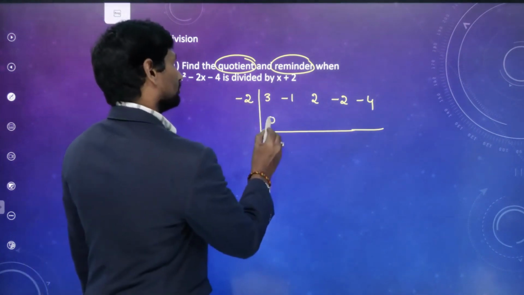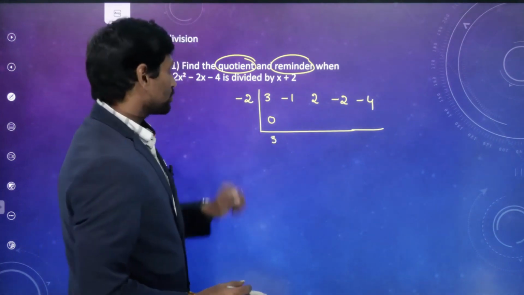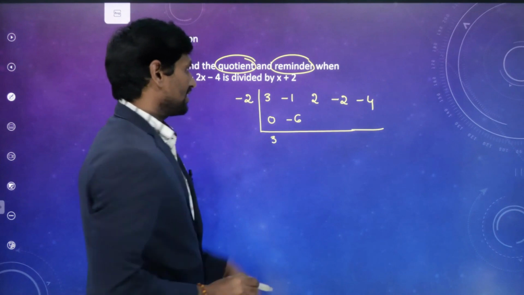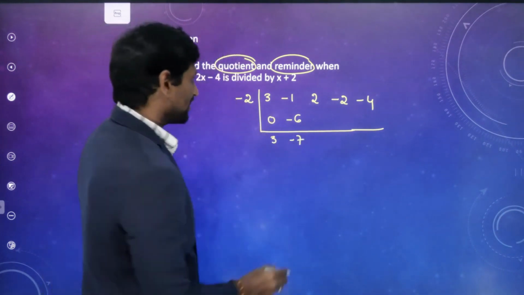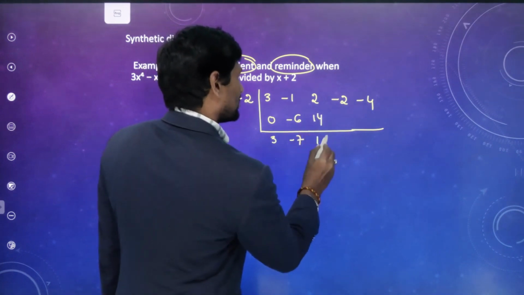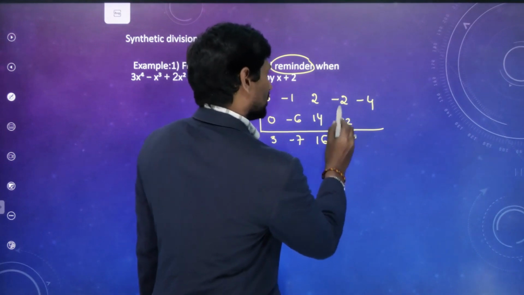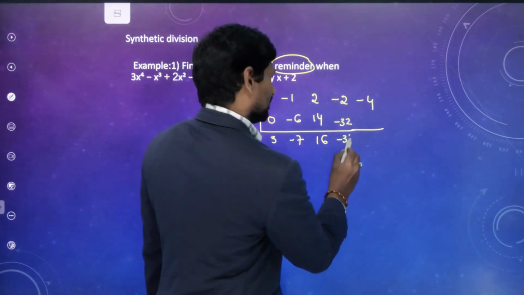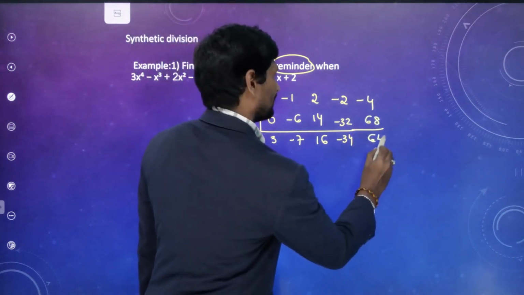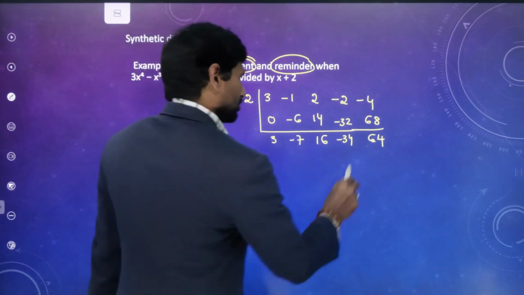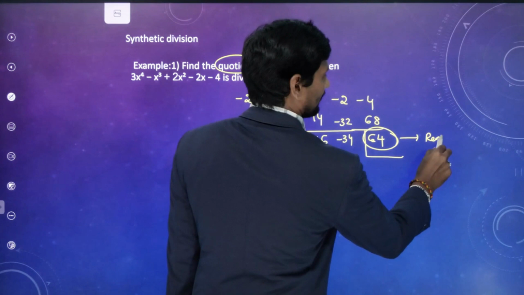First position 0. 3 plus 0 is 3. Now minus 2 into 3 is minus 6. Minus 1 minus 6 becomes minus 7, and minus 2 into minus 7 is plus 14. So this will be 16. Next minus 32, so minus 30, then plus 60, that means 64 will be the remainder.